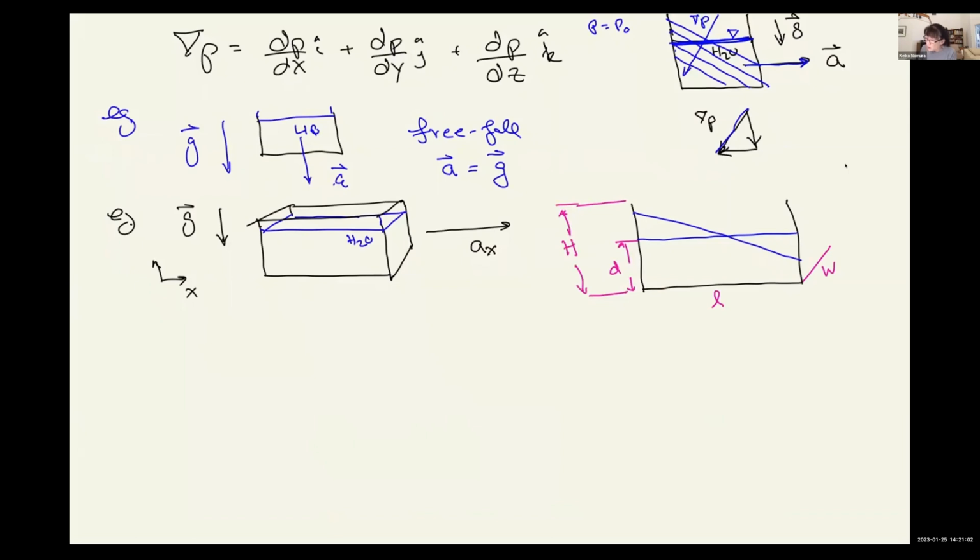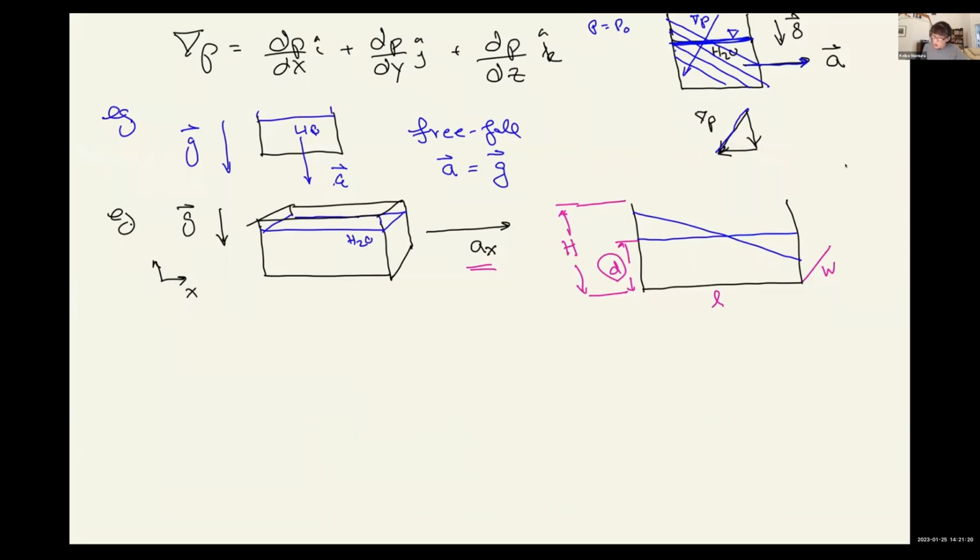Then suppose we may have some idea of our maximum acceleration. Then how deep can we fill the tank with water without it spilling out for that max acceleration value?